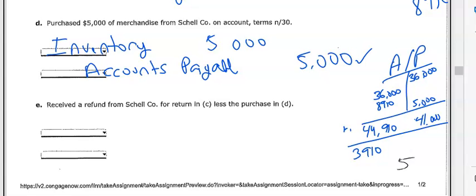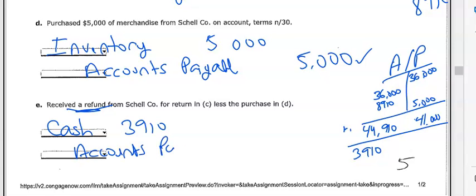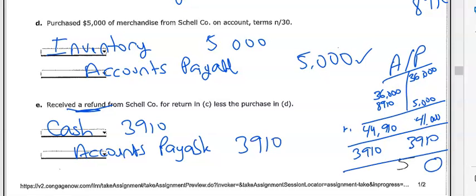This is a debit balance to a liability, which is the opposite of its normal balance. They owe me, and they're going to give that to me in a refund. So they're going to give me cash, and once and for all, I'll debit cash and credit accounts payable, which will zero it back out. And now I don't owe them and they don't owe me.